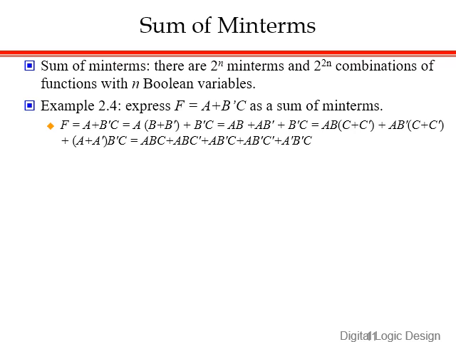Similarly, for the first term you can see that b and c both are missing in this term. At the first step you will multiply b plus b prime with a. As you can see, the result is AB plus AB prime using distribution theorem. And again, for each term where C is missing, you will multiply C plus C prime. Then in the B prime C term, you will multiply it with A plus A prime.